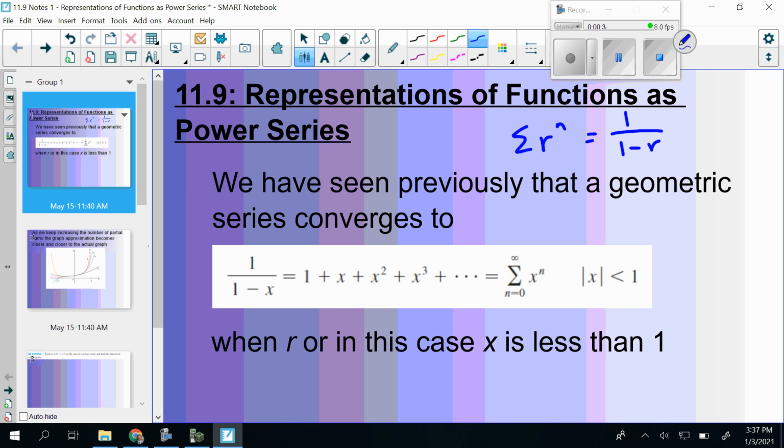So we're going to use that similarity where, instead of r, we have x for our power series, then that summation should be 1 over 1 minus x.